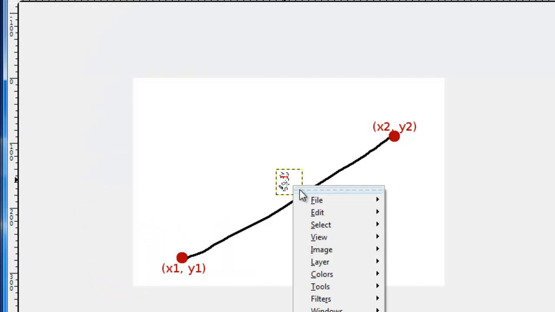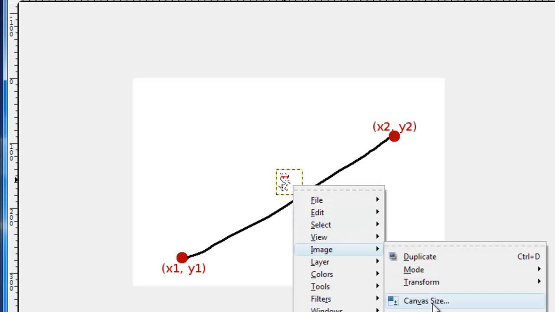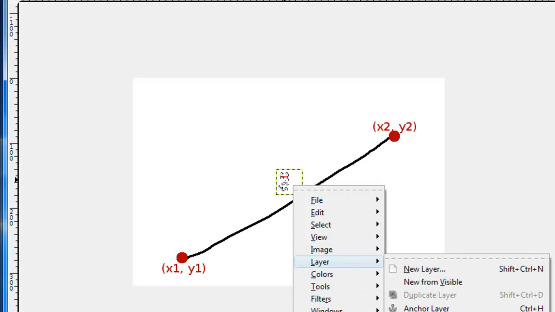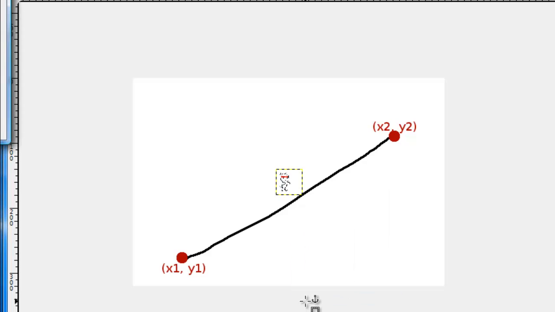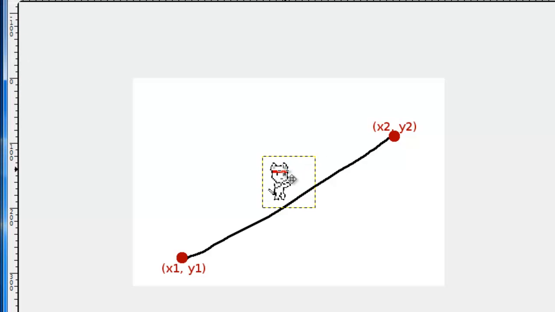Let's scale the layer to 200%. So we have our Nekko over here, and we're going to be detecting if his feet have hit the platform.